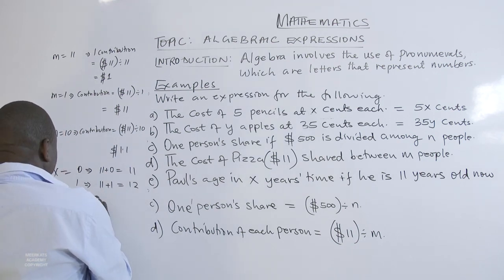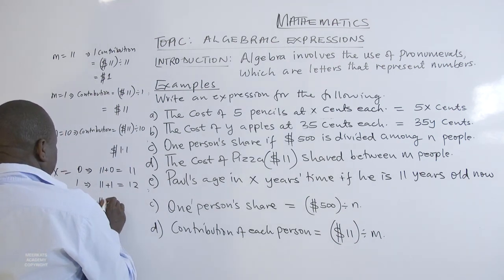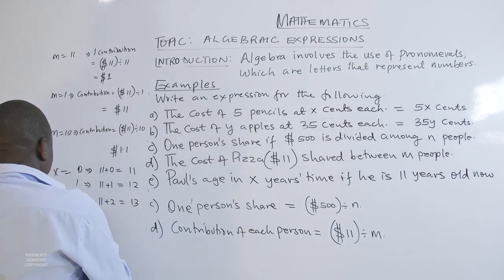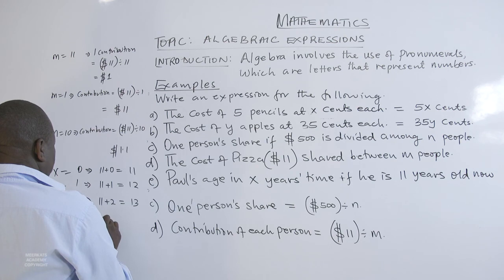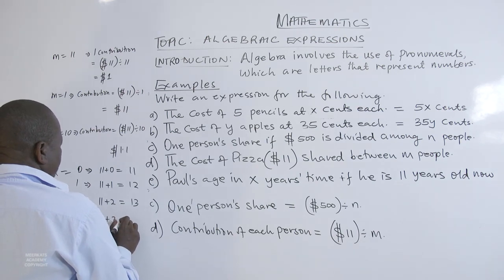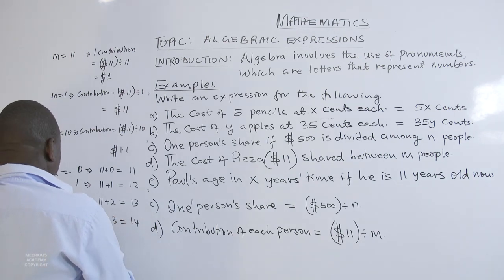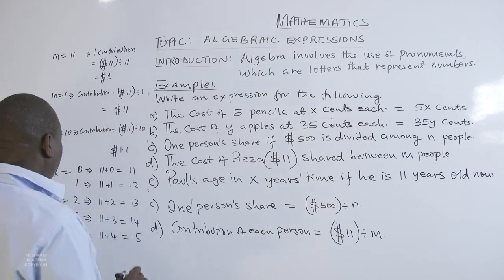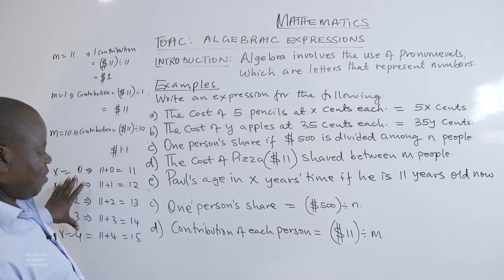When X is 2, it should be 11 plus 2, which is 13 years. When X is 3, it will be 11 plus 3, which is 14 years. When X is 4, it will be 11 plus 4, which is 15 years. So you can see X can be any number.